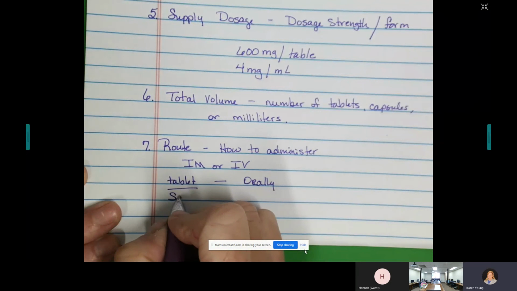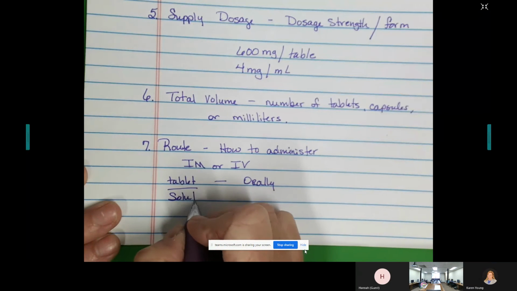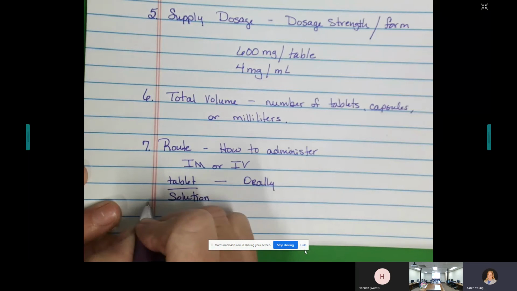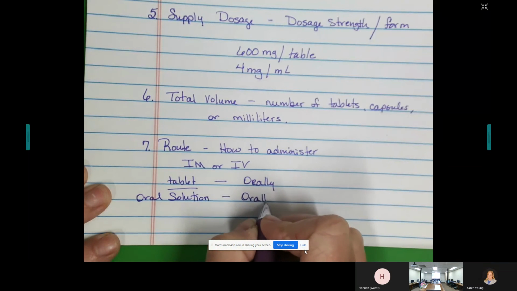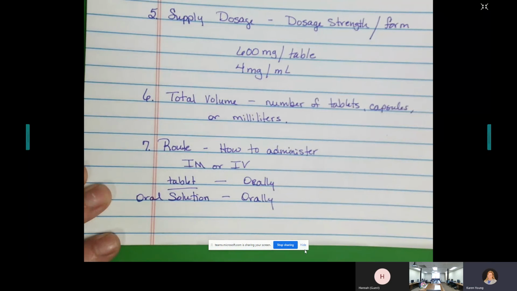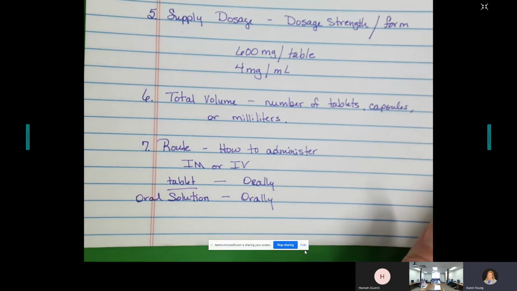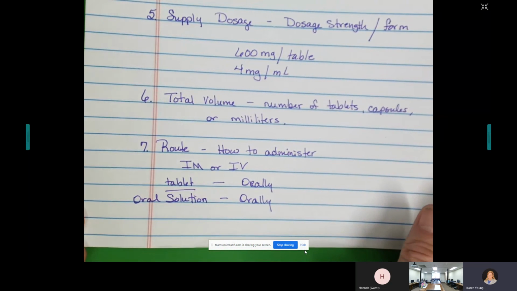You know, if it's a solution or an oral solution, then it's going to be orally. With injections, we're going to be specific as to IM or IV. And these are the ones that we have to know to be able to calculate for our medication orders.